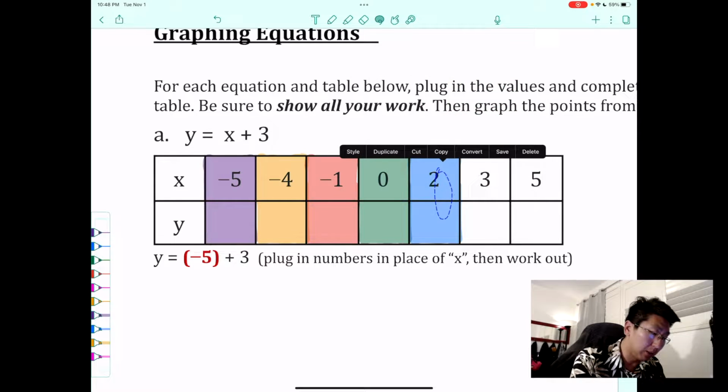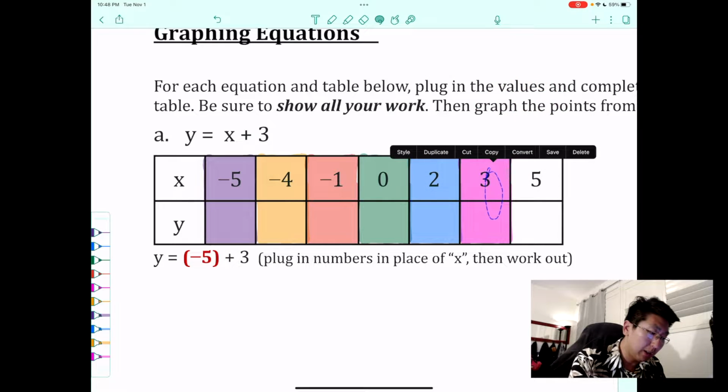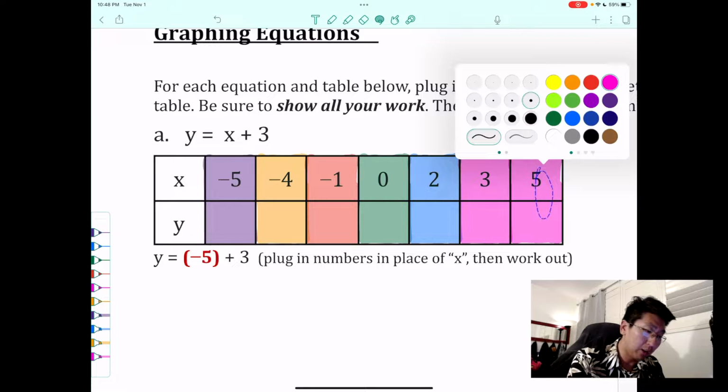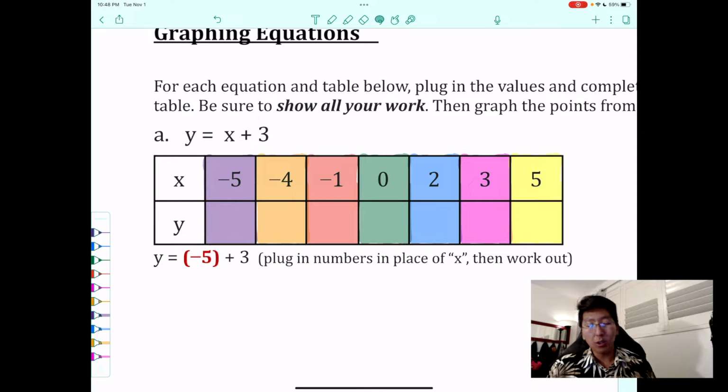I love these colors, it's so pretty. Duplicate this, change that style to pink, and duplicate that, and let's make this style yellow. I do want you to spend some time doing that. It's worth it, because it's going to help us.